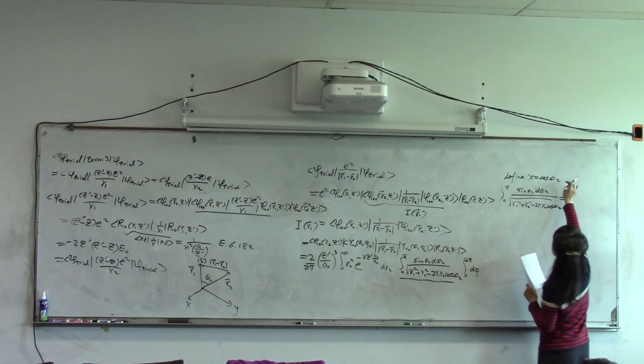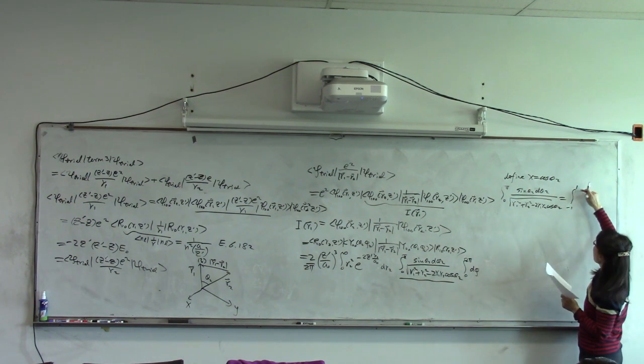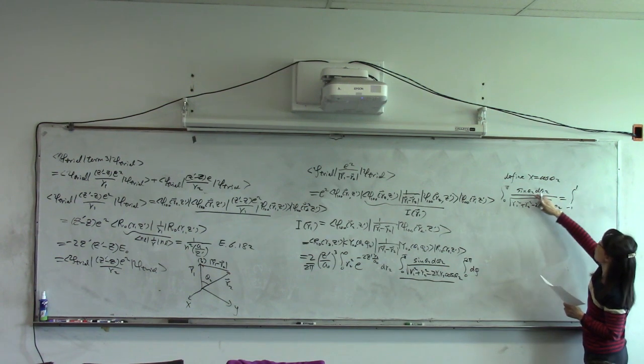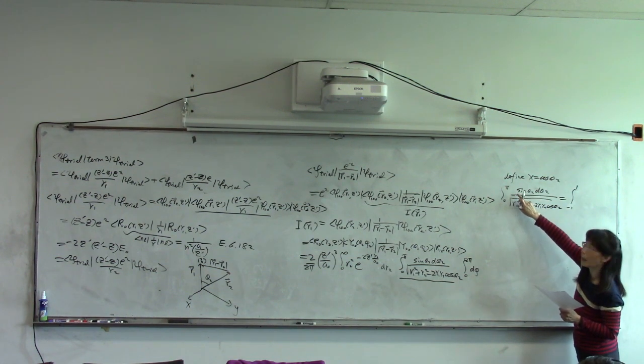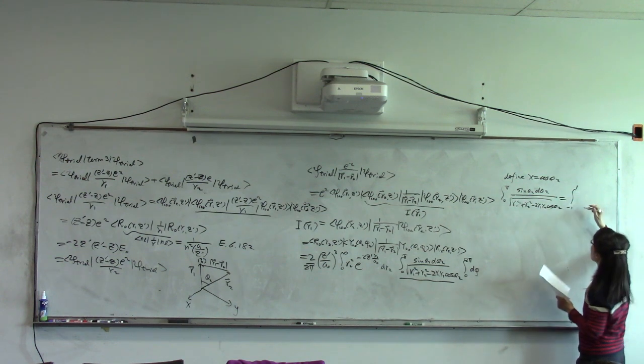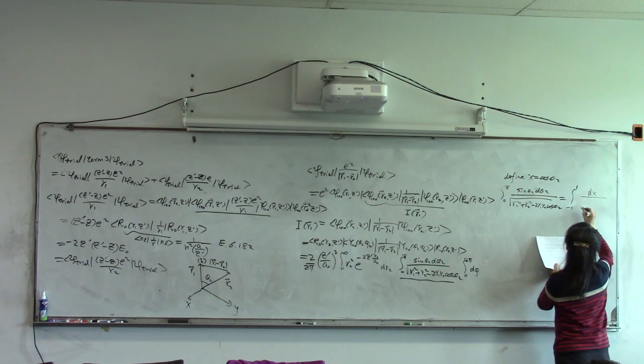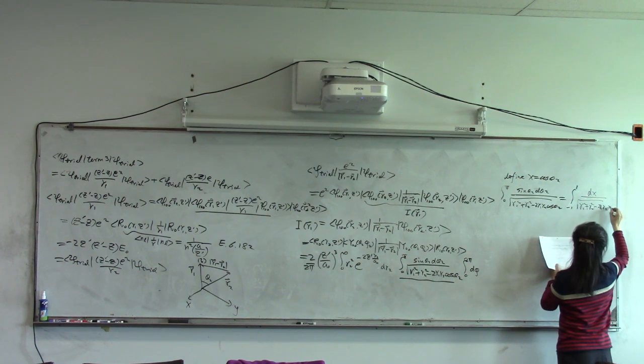If x is 1, then theta equals 0. Then theta equal to pi gives minus 1. And when you do that, you will see there's another negative sign, so that just flips the limits. And then here is dx over the square root of R1 square plus R2 square minus 2 R1 R2 x.